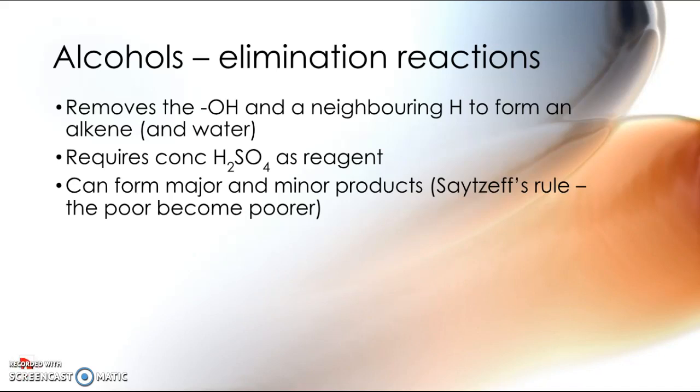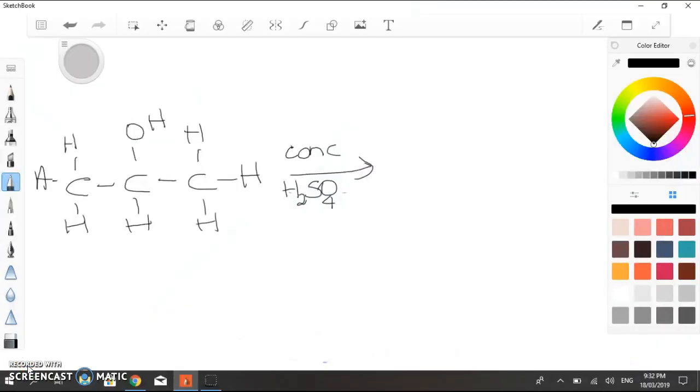So just let me show you very briefly. Here again we have our simple alcohol. We're reacting it with conc sulfuric, and we are going to remove, in an elimination reaction, remember the definition is that we are going to remove the alcohol group plus a hydrogen from a neighbouring carbon. And when we do that, we will form an alkene.